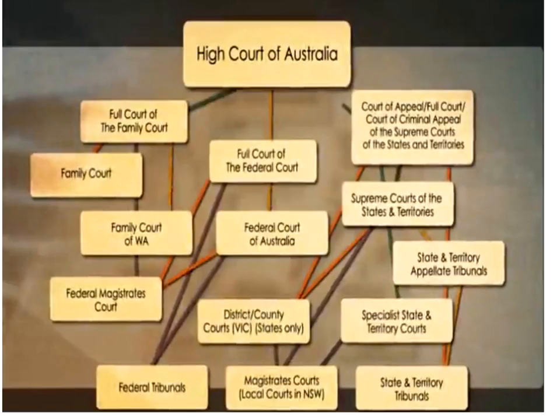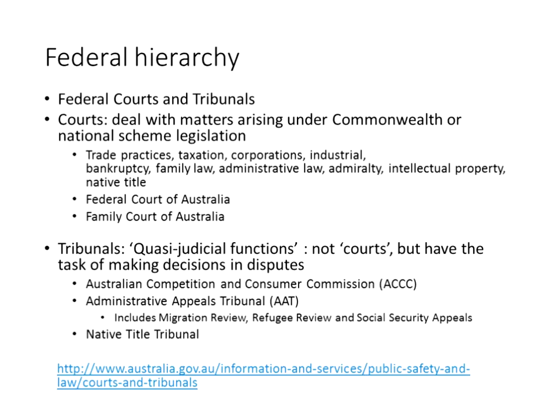There are lots of diagrams. If you just Google the hierarchy of courts, you can find quite a few different diagrams in different formats. If we start with the Commonwealth jurisdiction, we talk about the federal hierarchy and the federal courts. That's the High Court, the Full Court of the Federal Court, and the Federal Court itself as the main ones there. These courts deal with matters arising under Commonwealth legislation.